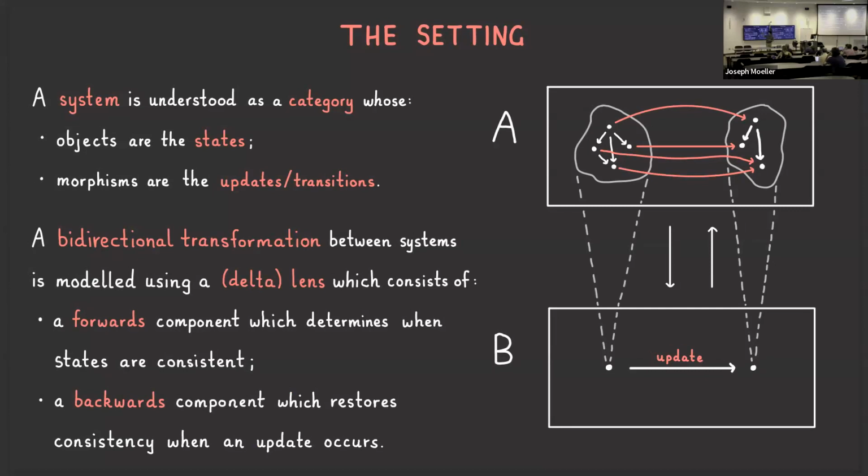Here in the picture, if we start with a state in A and a consistent state with it in B, and we make an update or a transition in our category B, then the backwards component of our lens produces a suitable update in our category A, which restores consistency. It chooses something like a fibre over the next state. Okay, so that's the setting in which we're working.